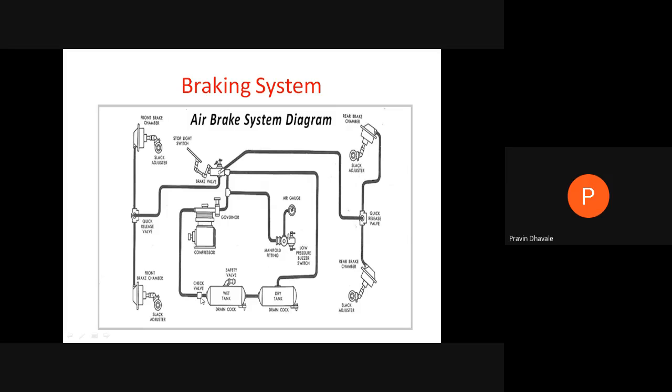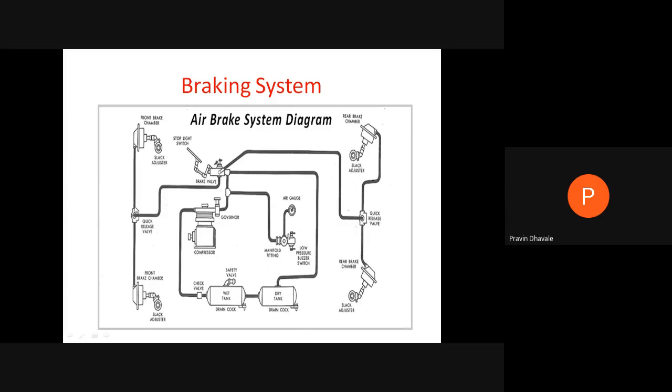We are passing the air to the compressor. From the compressor, it will get compressed and supplied to this brake valve. Then we apply pressure on the brake valve. At that time, this air will be passed to the rear wheel and at the same time to the front wheel.